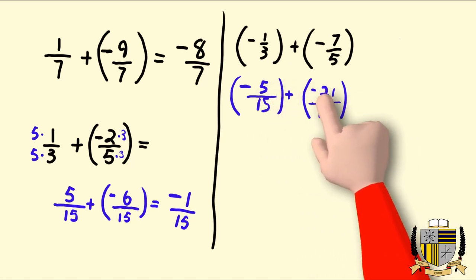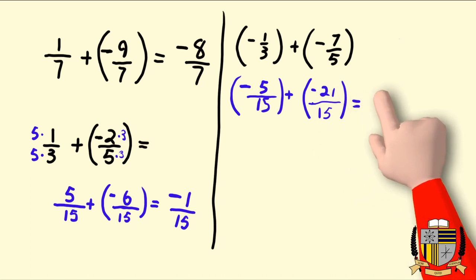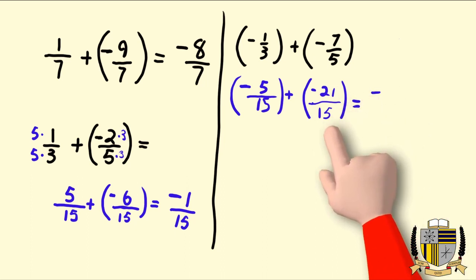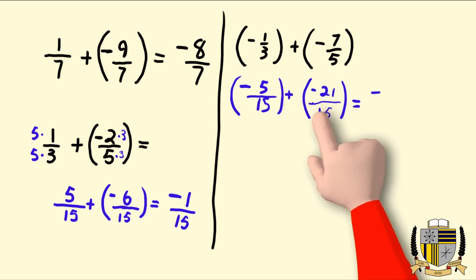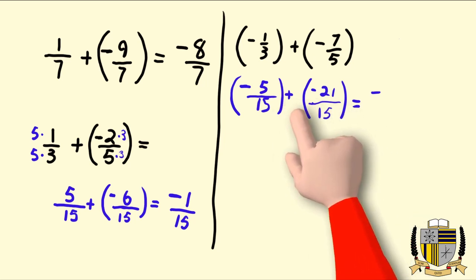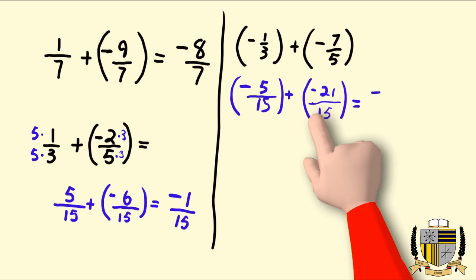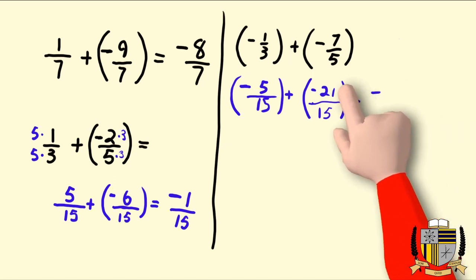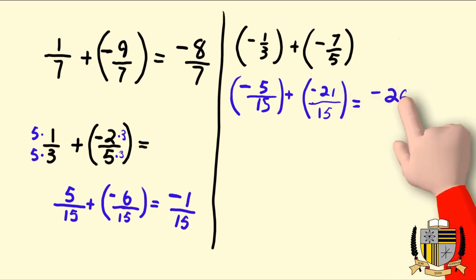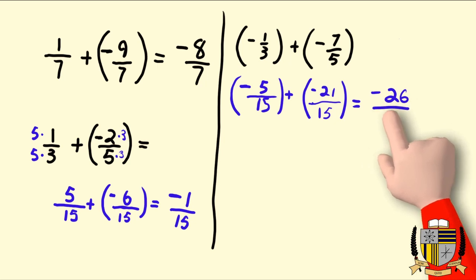They're the same sign, so the answer is going to be that same sign. And then we just add them straightforward because our denominators are the same. 21 plus the 5 is going to be 26. Negative 26/15.